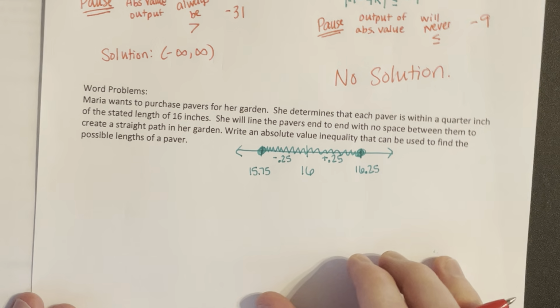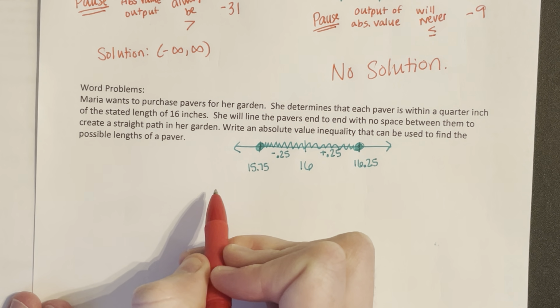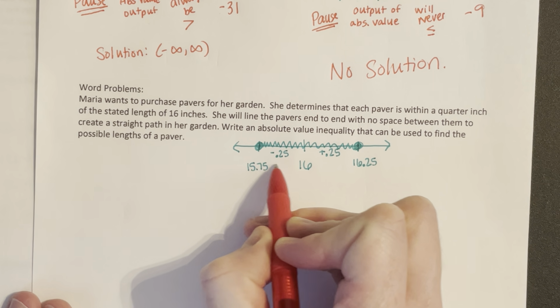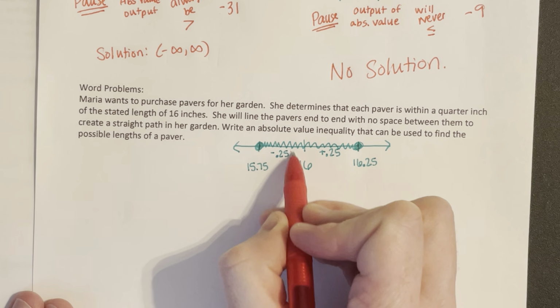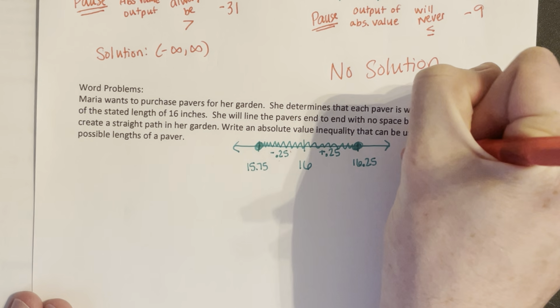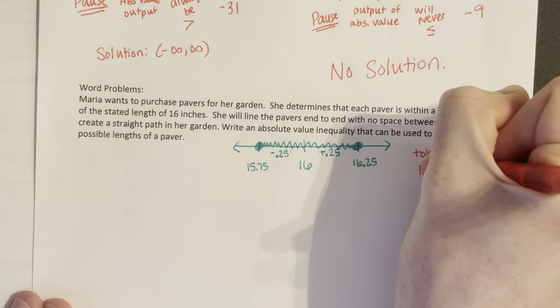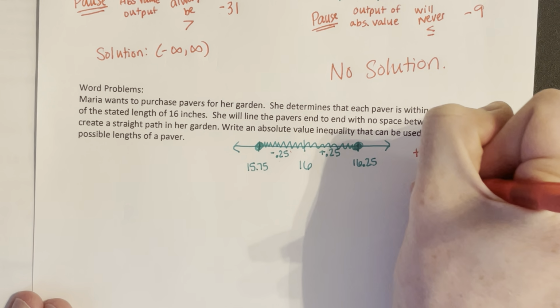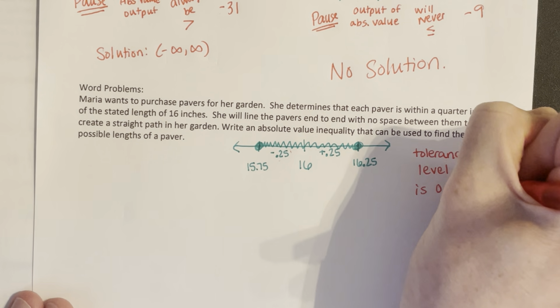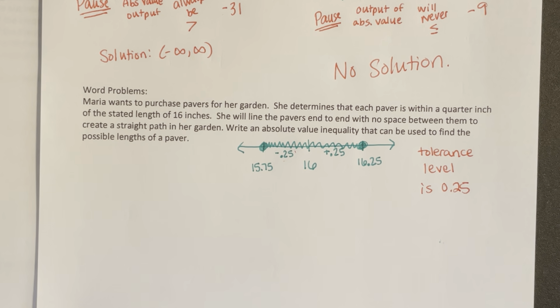And we can kind of dictate an inequality based off of that because our limit, the tolerance level, is 0.25. We cannot exceed 0.25. Sometimes we might call that a margin of error. You can see that sometimes.